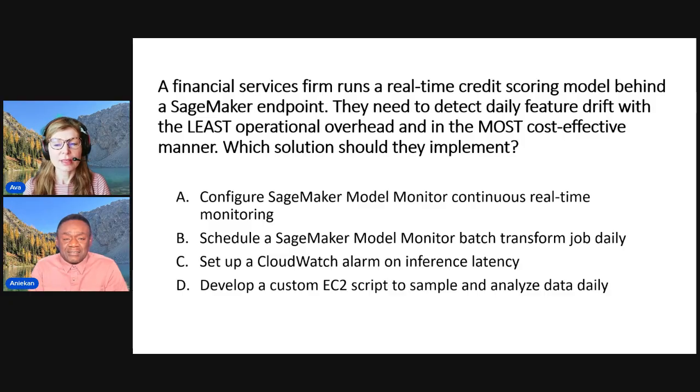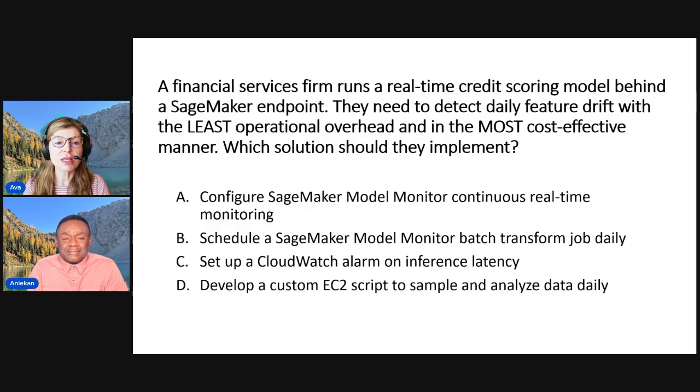Option one is configure SageMaker Model Monitor continuous real-time monitoring. Two, schedule SageMaker Model Monitor batch transform daily jobs. Three, set up a CloudWatch alarm on inference latency. And four, develop a custom EC2 script to sample and analyze data daily.